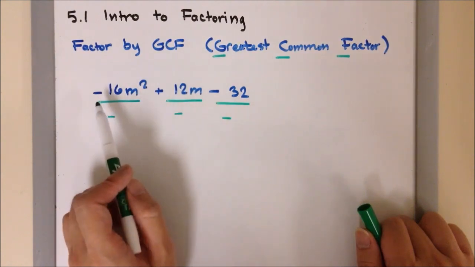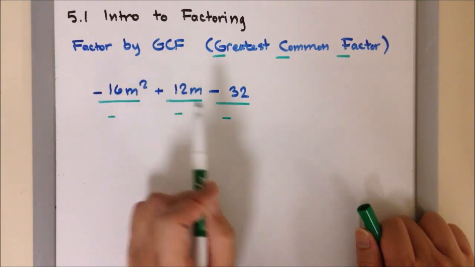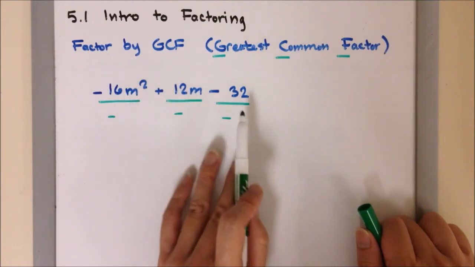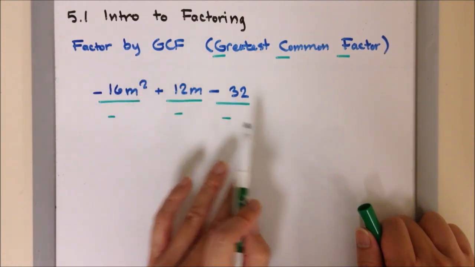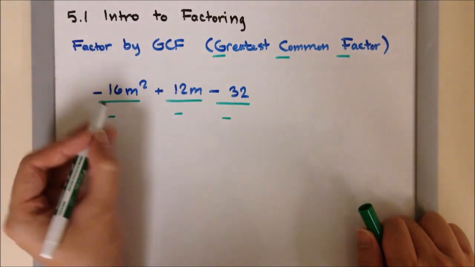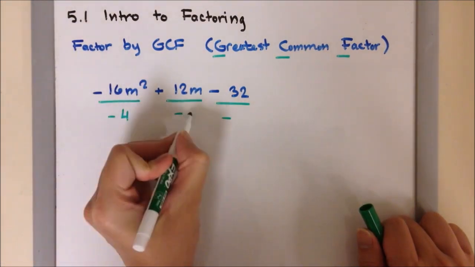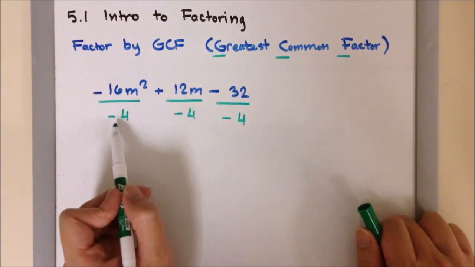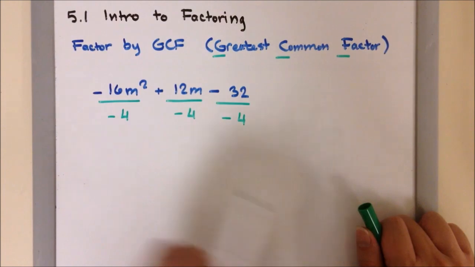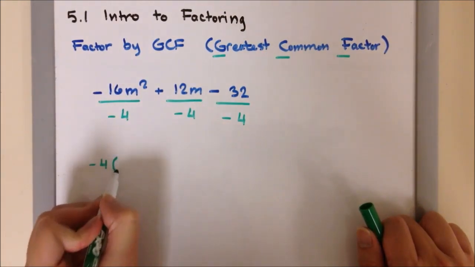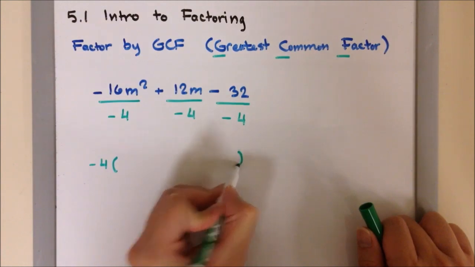The only thing that's common between negative 16, 12, and 32 is the numbers. All three are divisible by 4. So I'm going to divide each term by negative 4. Since negative 4 is our GCF, it will go outside, or in front of, the parenthesis.